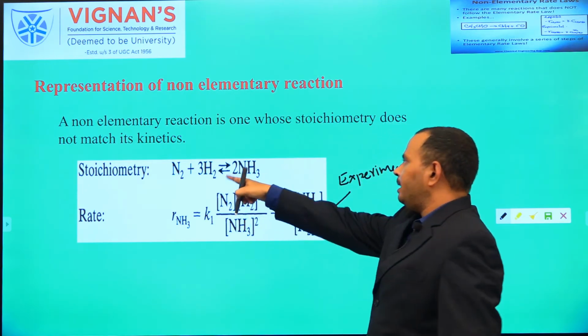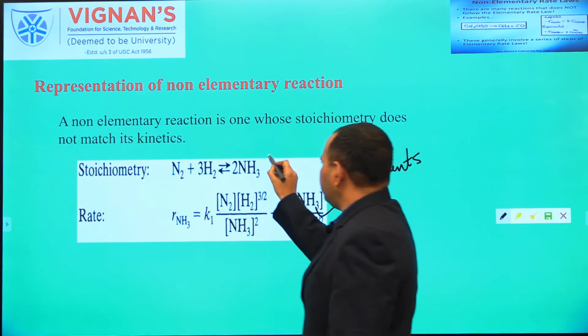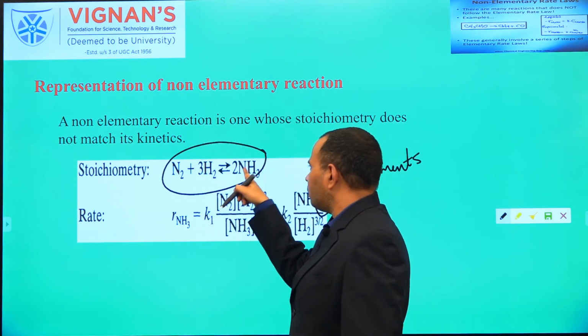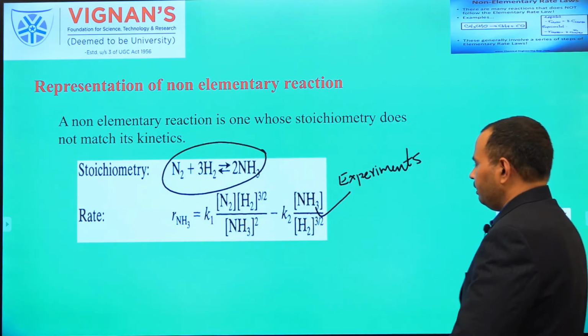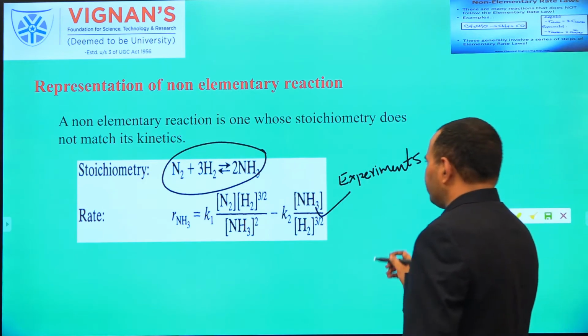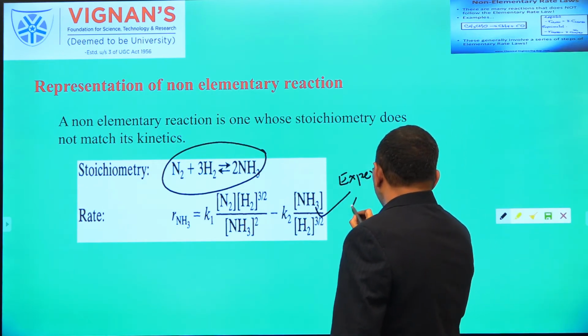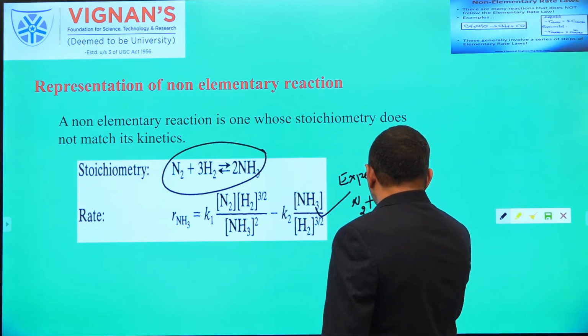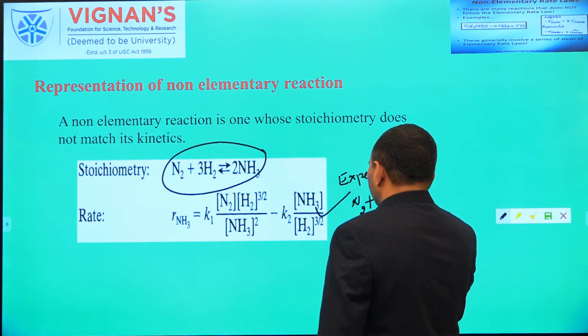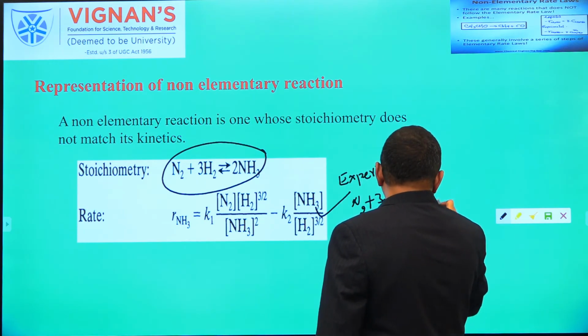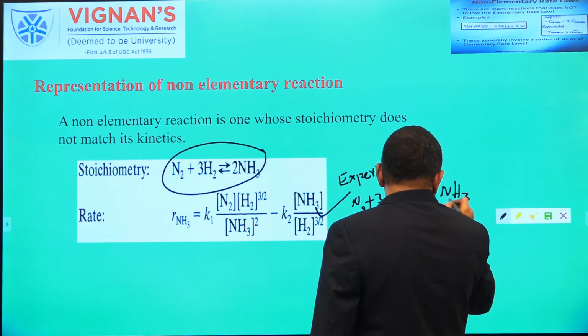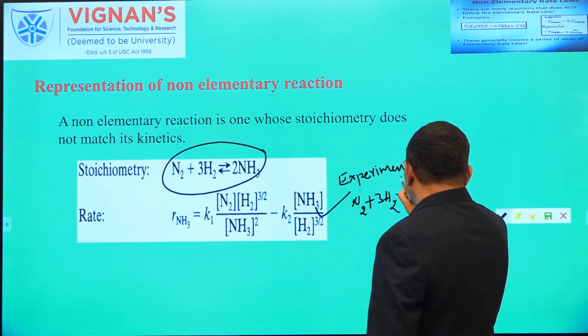And to write the rate based on the stoichiometry, break down this reaction into 2 steps. Here we have the forward reaction and backward reaction. First write the forward reaction, N2 plus 3H2 gives 2NH3. This takes place with rate constant K1.